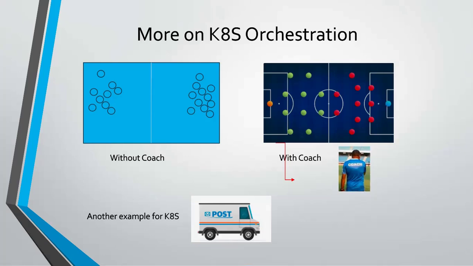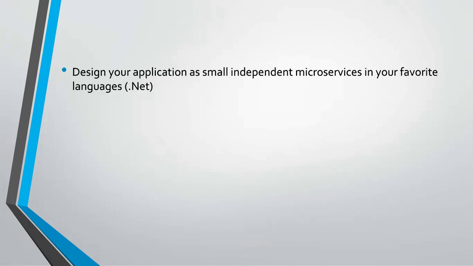What you need to do is design your application as small independent microservices in your favorite language. Say you develop your application in .NET or Java or any technology you know. You can implement your application as pieces of microservices.